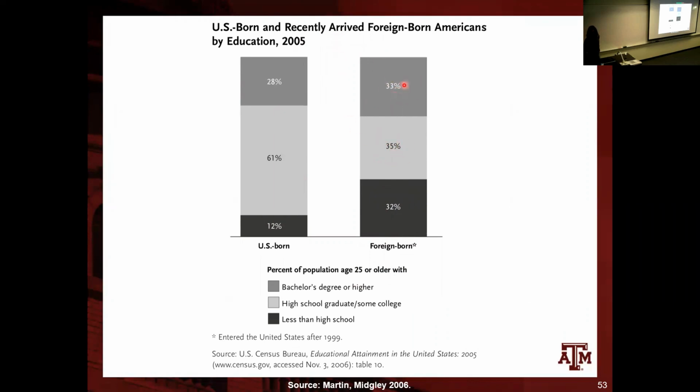But 33% have at least a college degree compared to 28% of Americans. So recent foreign born are more evenly distributed in these three education groups, right? But yeah, in terms of percentage of those with less than high school, higher among recent foreign born than US born.